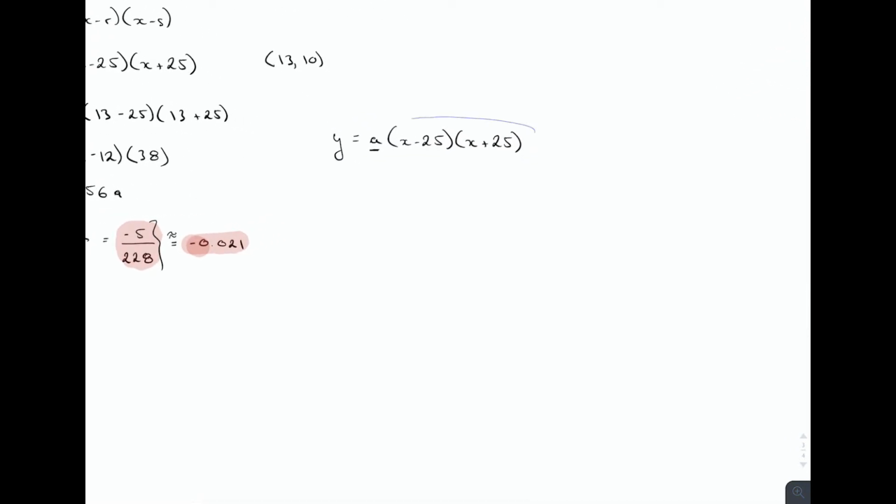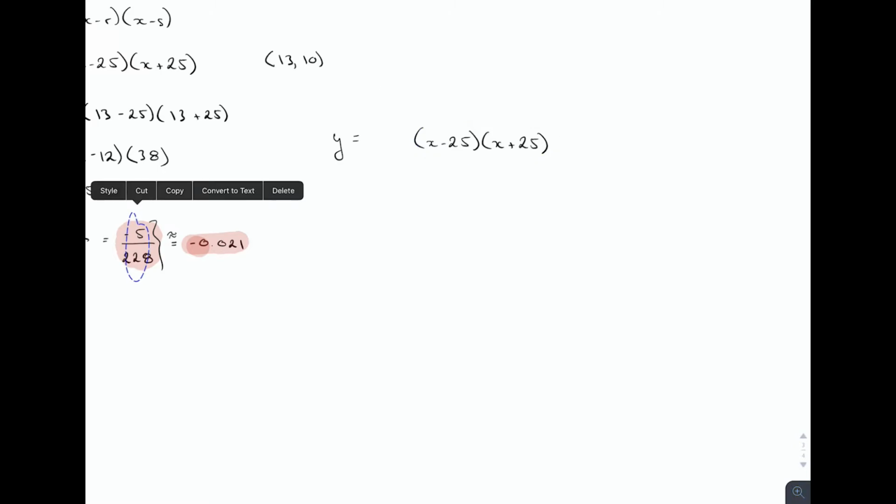To save some time, I'm just going to take this, paste it here, and squeeze in that value for a that we just figured out, and that is this guy over here. So I'm going to copy that, paste it here, remove these highlights, and put it in.